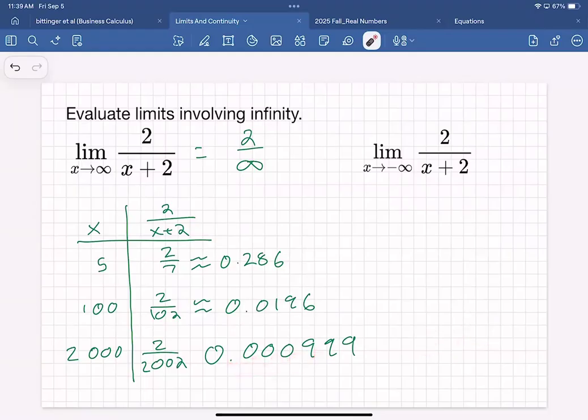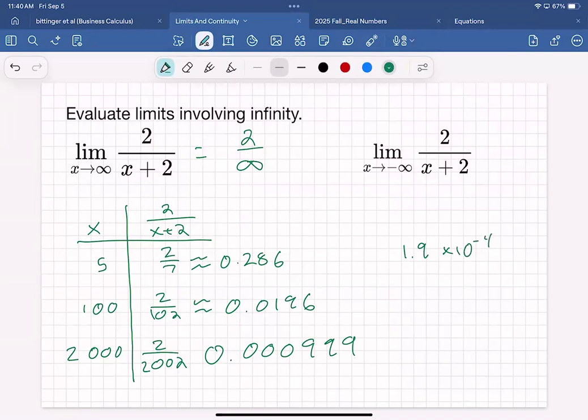If I change this to 10,000 instead of 2,000, it's giving me 1.9 times 10 to the negative 4. May not seem as much as similar, but look, it went from 0.0009 down to 0.0001, even closer to zero now, okay?